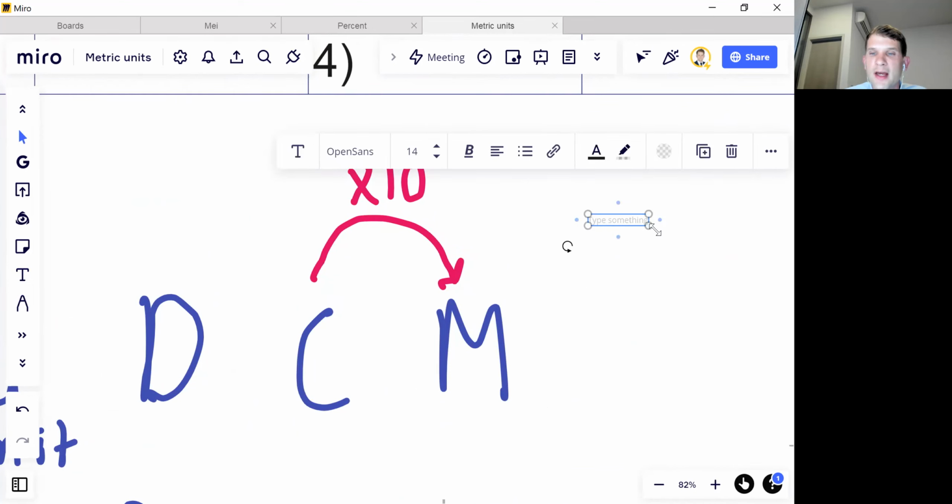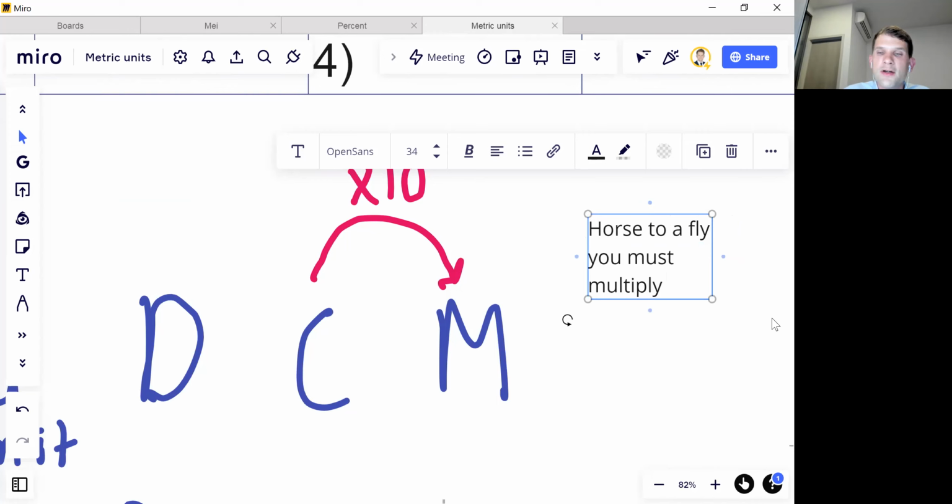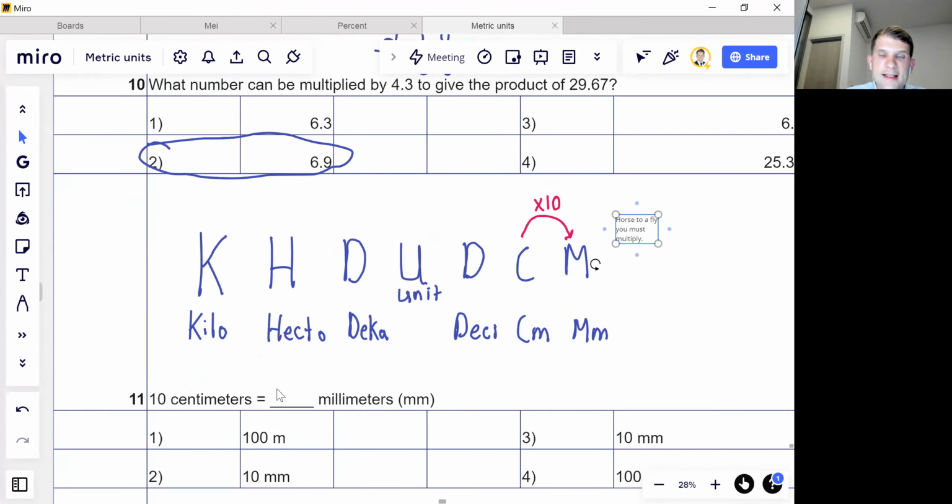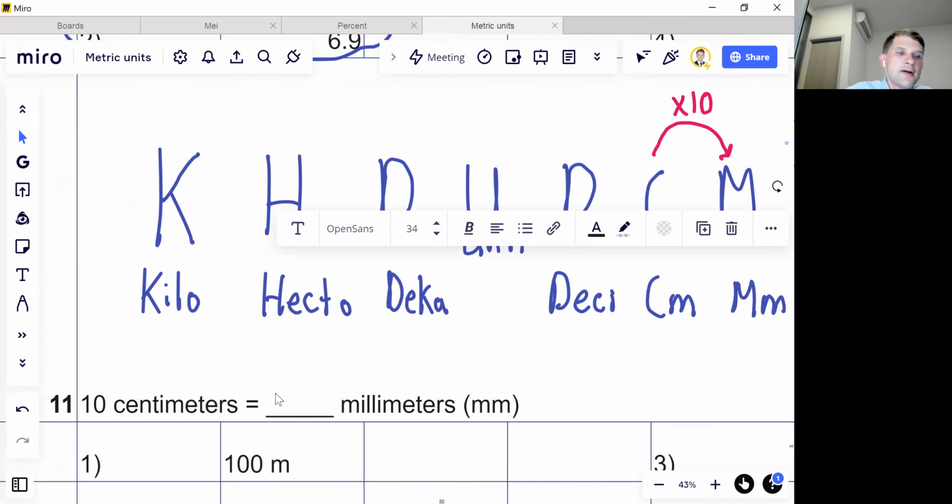So I like to remember that phrase for myself. Anytime I'm going from, say, centimeters to millimeters, I say the phrase horse to a fly, you must multiply. Okay, so in this case we know we need to multiply by 10. Okay, so let's just do that one.